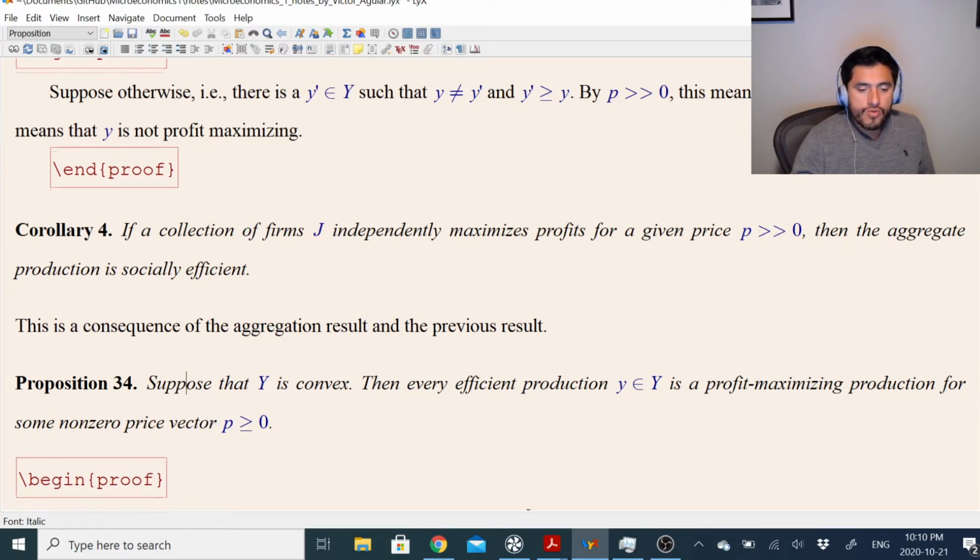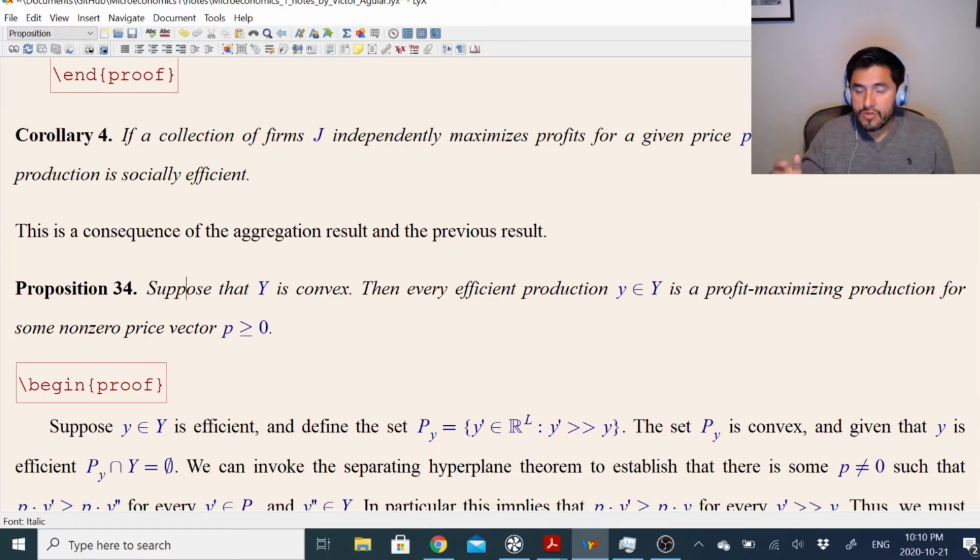Now suppose that Y is convex, so remember, non-increasing returns. Then every efficient production plan y in capital Y is profit maximizing production for some non-zero price vector. This is called the second fundamental welfare theorem. So this tells you that you can actually do a social engineering design here.